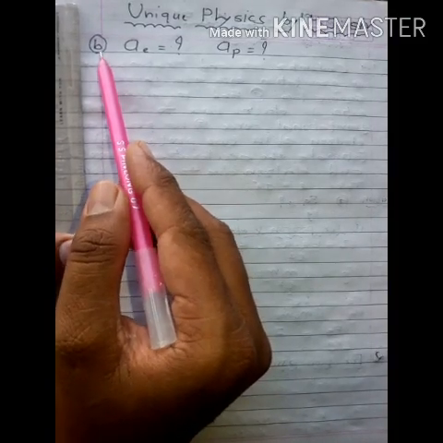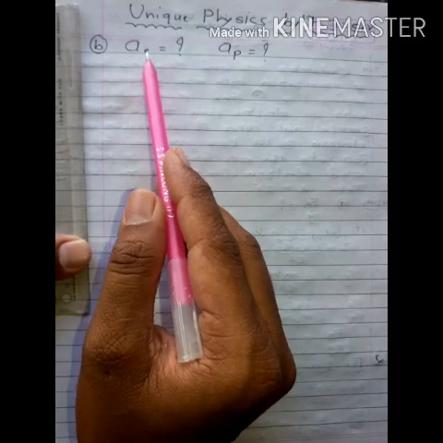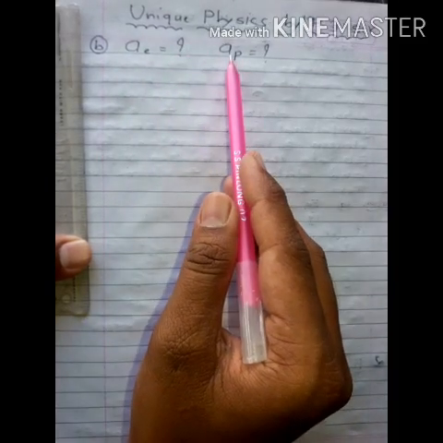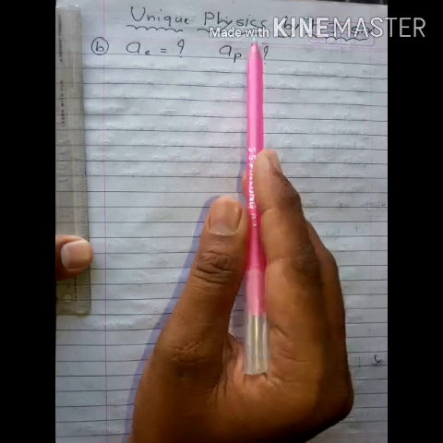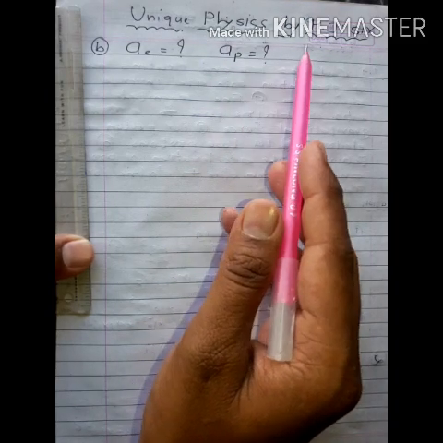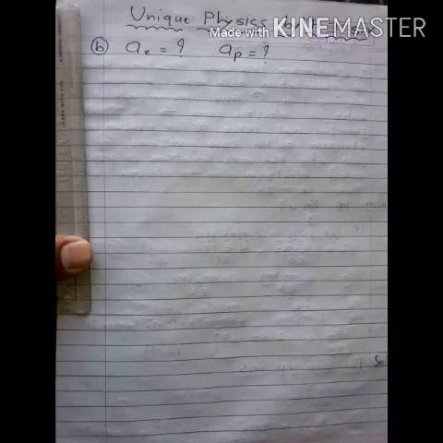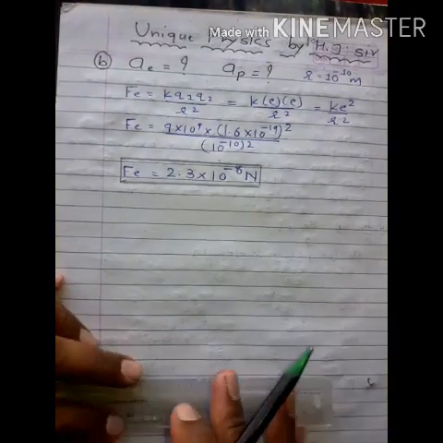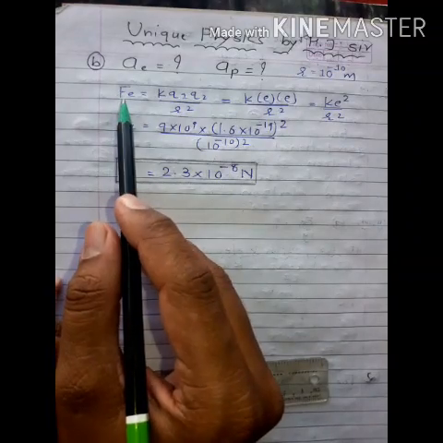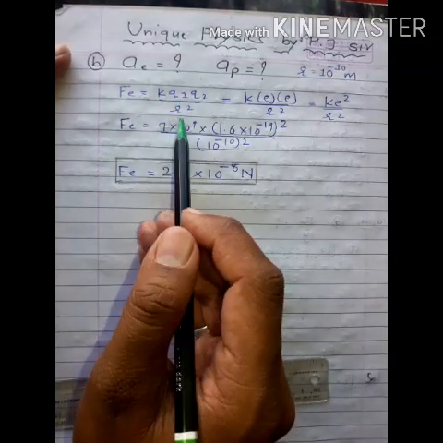Next question B. Find the acceleration of the electron, denoted by Ae, and the acceleration of the proton, Ap, due to electric force. So first of all we use the equation of electric force between a proton and an electron. The equation of electric force Fe is equal to K Q1 Q2 upon R square.